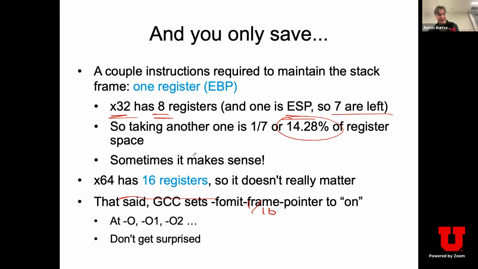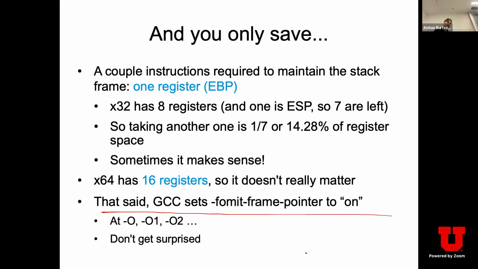But again, what I wanted to highlight is the following. With all my wonderful discussion about the stack frame, GCC now, the modern versions of GCC, set this flag to on even at -O0, meaning that unless you explicitly say, okay, do not omit the stack frame, it will generate the code without the stack frame.